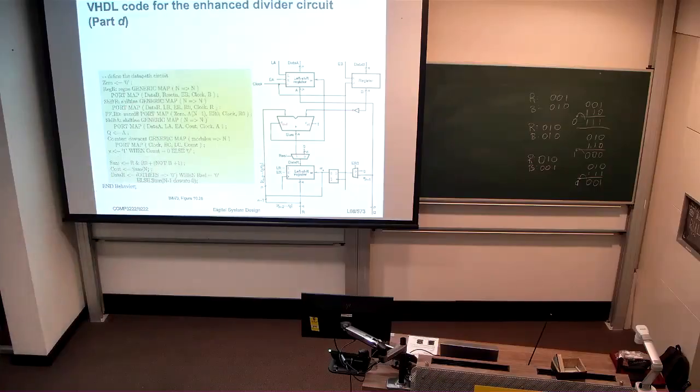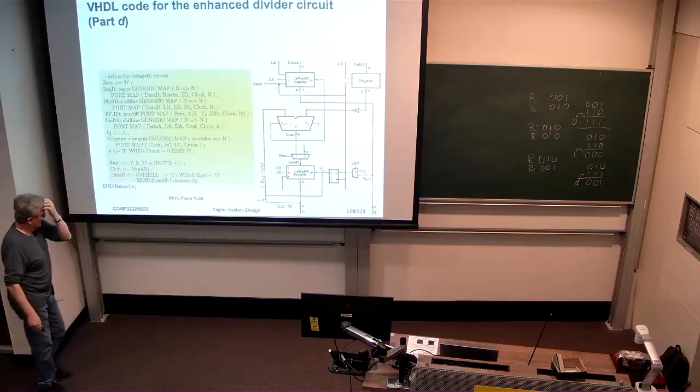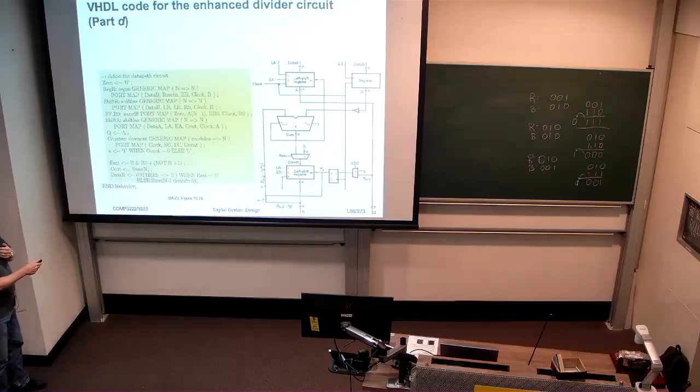Finally, we have our sum here. The sum is the concatenation of R and R0, so it's an N plus 1 bit signal, because R is N bits large and we have a 1 bit value here. And we're adding to that not B plus 1.